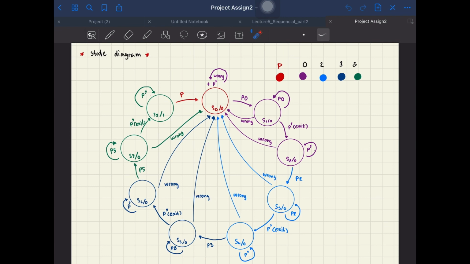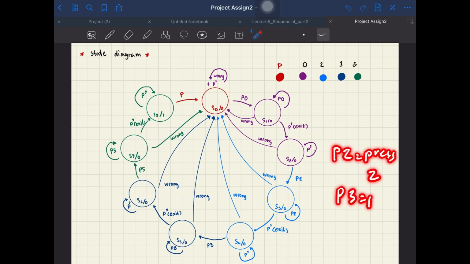And before starting anything, I will set the rules here. If I write P, it means that I press the button. So if I write P complement, it means that I do not press the button. And P0 stands for I press on 0. Do the same thing, P2, press on 2.